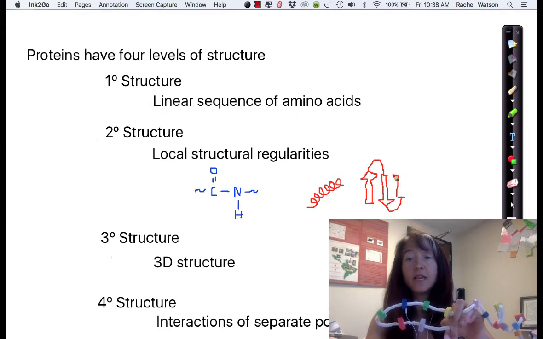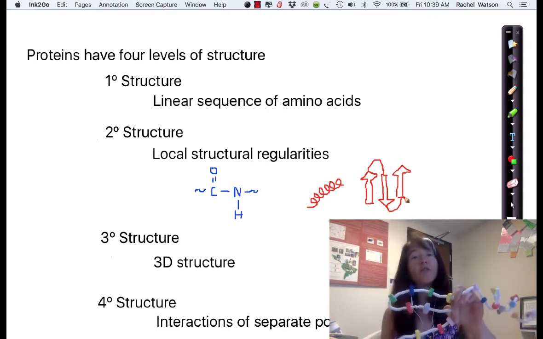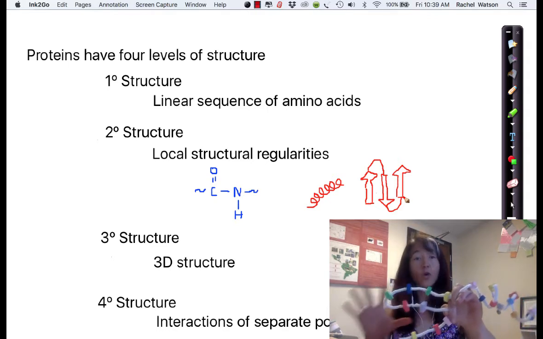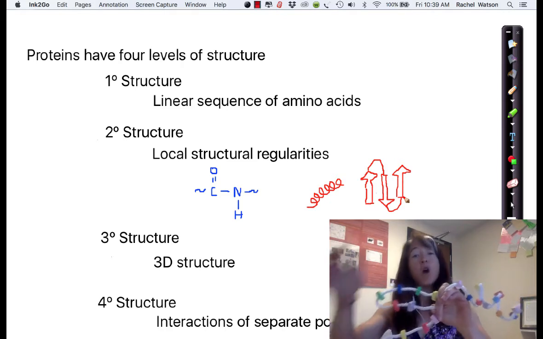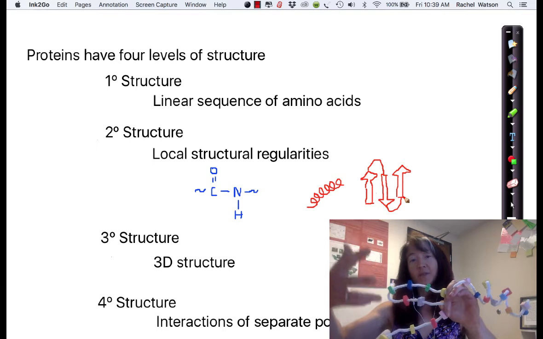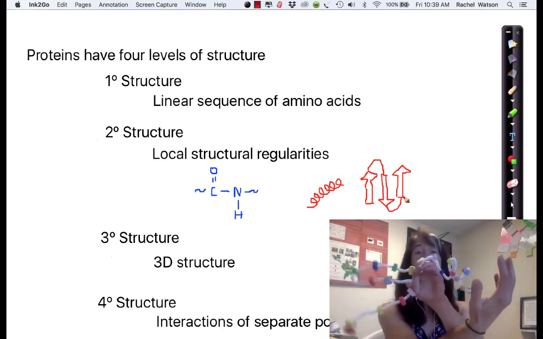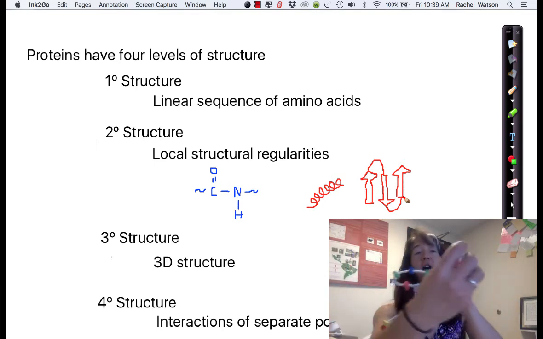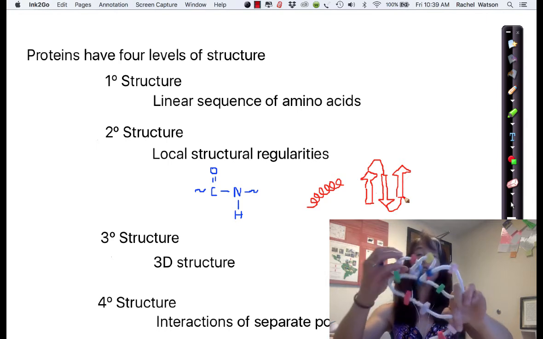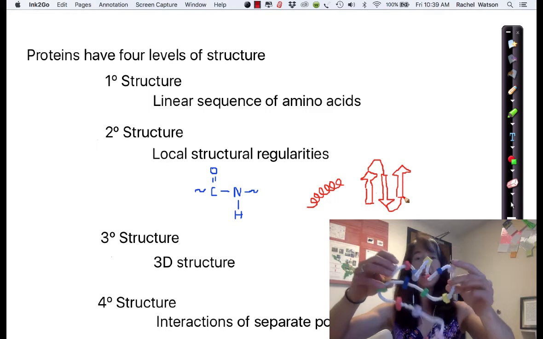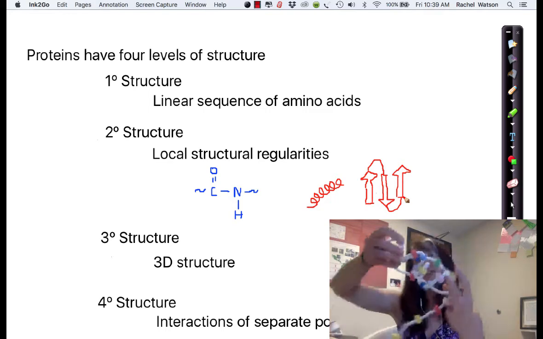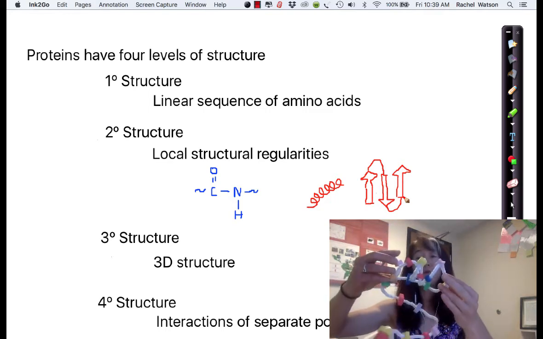Now, of course, in three-dimensional space, these secondary structural elements will interact. If secondary structure is local neighborhoods of structure, tertiary structure is when non-neighboring amino acids come together to interact with one another. So if this alpha helix over here perhaps interacts with a region of this beta sheet here, it creates this tertiary, or three-dimensional, structure of the protein.